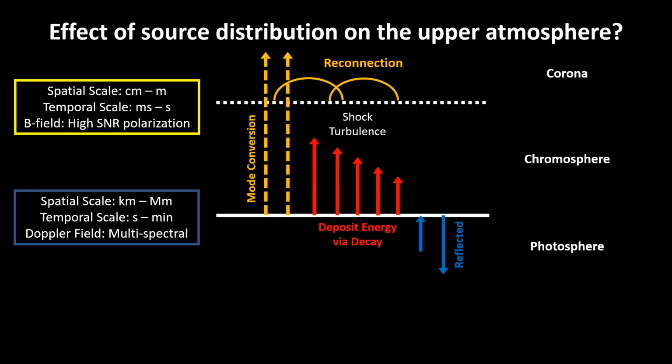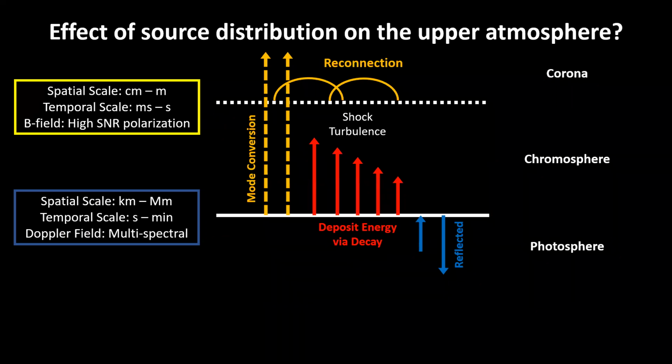So one way is that they can deposit the energy by producing shocks, and the shocks can also produce turbulence that can heat the surrounding atmosphere, for example the higher chromosphere or the lower transition region.